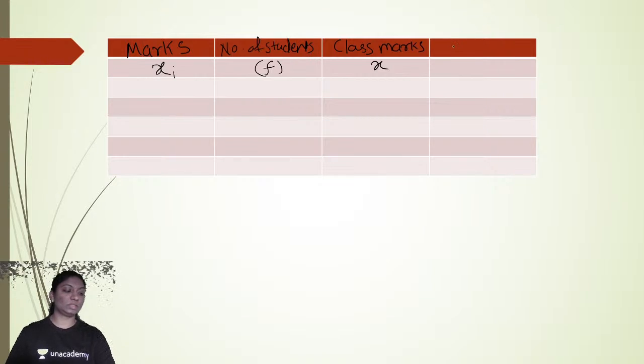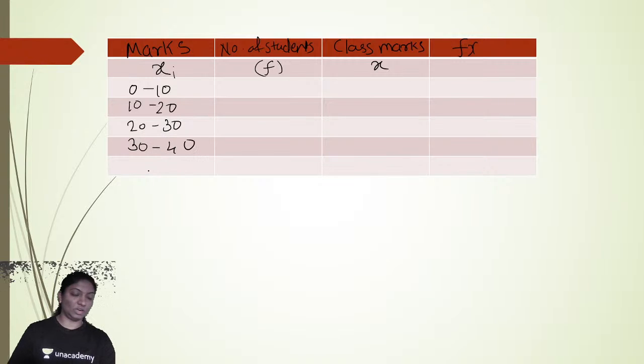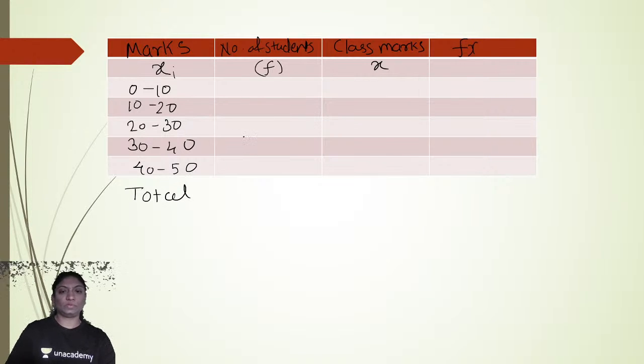Now here is f into x. Marks are given 0 to 10, 10 to 20, 20 to 30, 30 to 40, 40 to 50. Right? Here we can write the total.